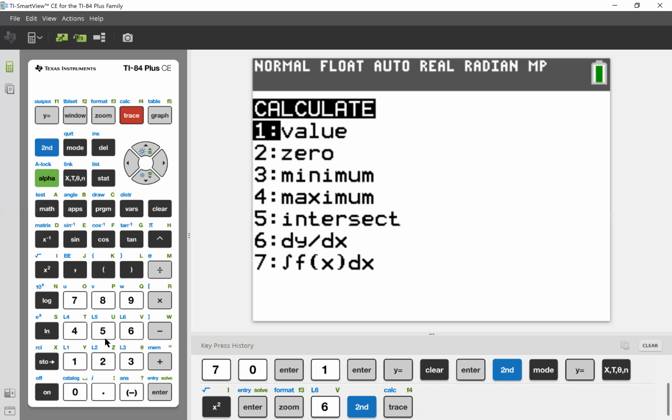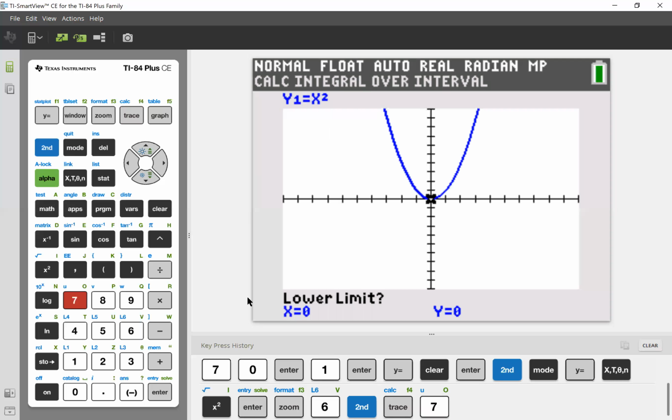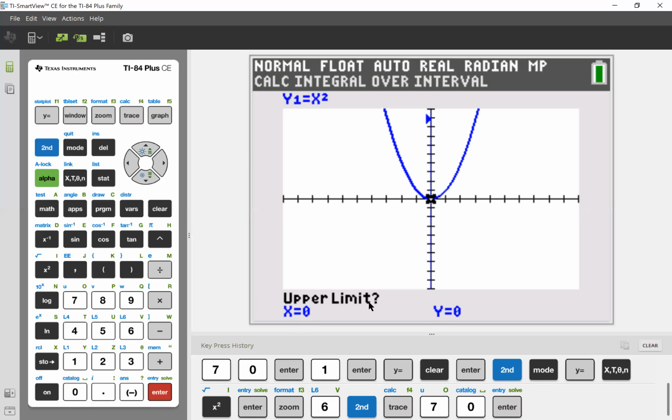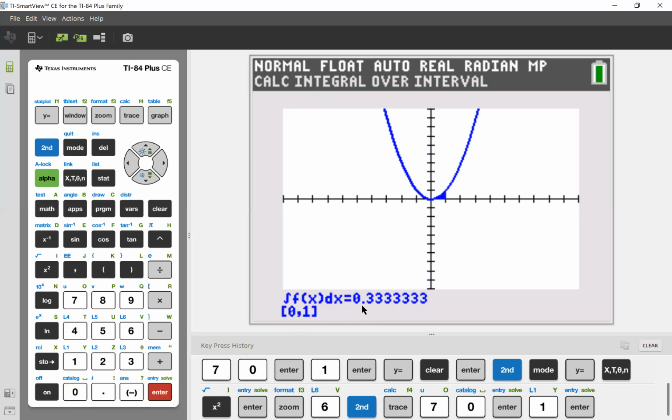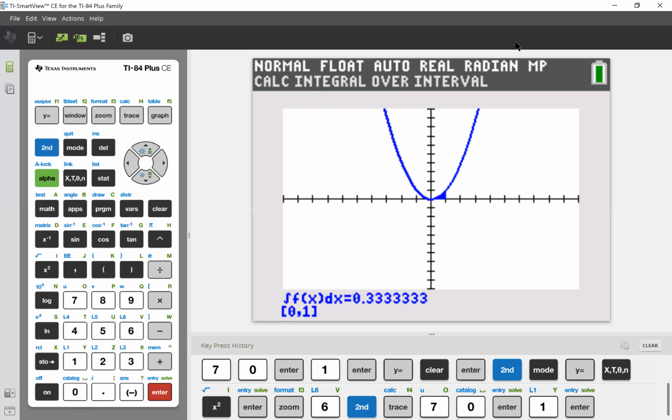We choose number 7. And then the lower limit basically is your a value, which is 0, so we type 0 and press enter. The upper limit is the b value, which is 1, then we press enter, and that's it. You will see that here is our answer, which is 0.333, which is 1/3, right? This is exactly what we have.